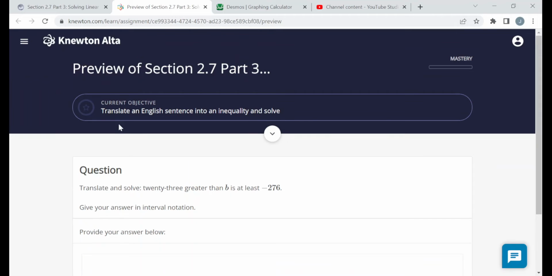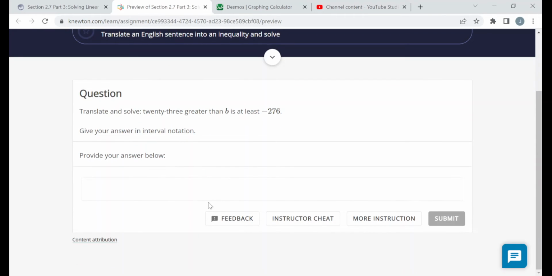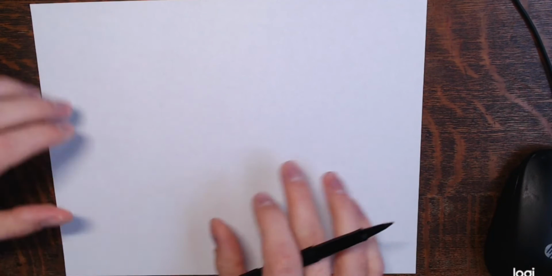So the first objective I'm looking at here is translate an English sentence into an inequality and solve. I'll write this sentence out on paper, and we'll talk about the translation part.